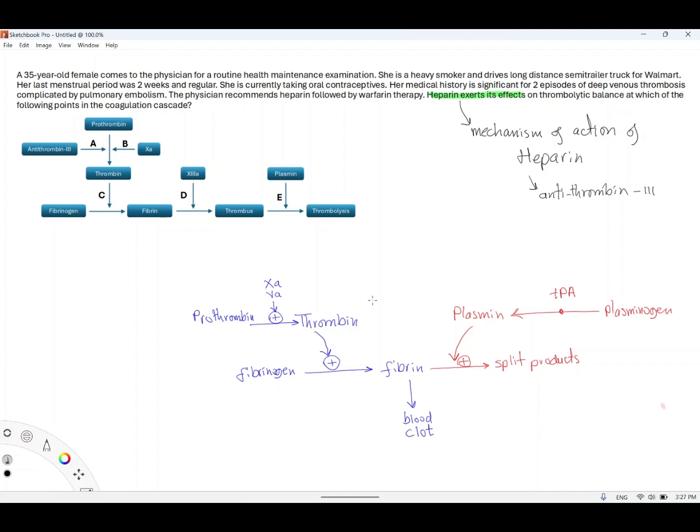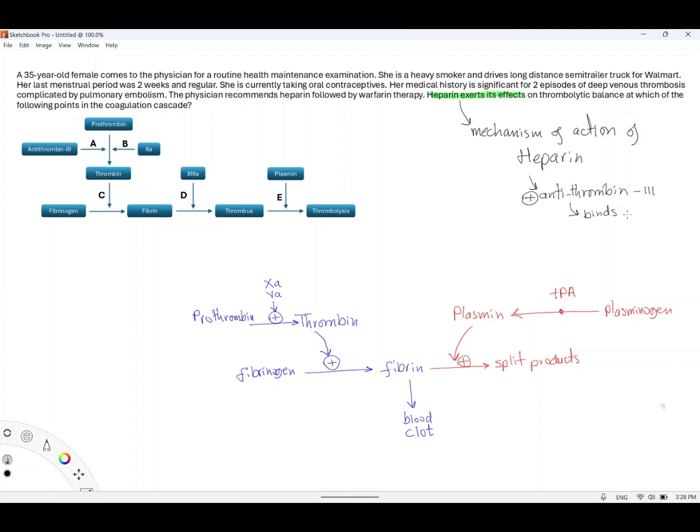So the main one is, heparin activates antithrombin 3, and antithrombin 3 is a large molecule that binds. So I'll put a plus sign: heparin activates antithrombin 3.